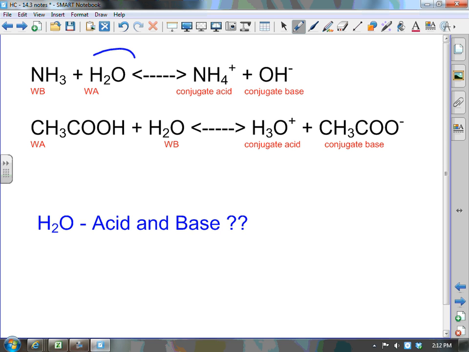It's acting like an acid here because it's donating a hydrogen to the NH3. Here it's like a base because it's accepting a hydrogen from the acetic acid, that weak acid. So it's really both. You can copy those down.